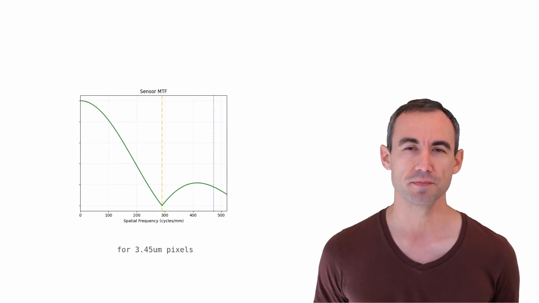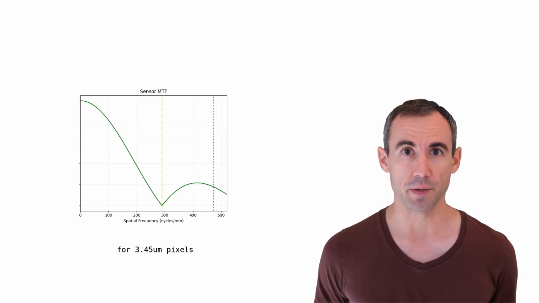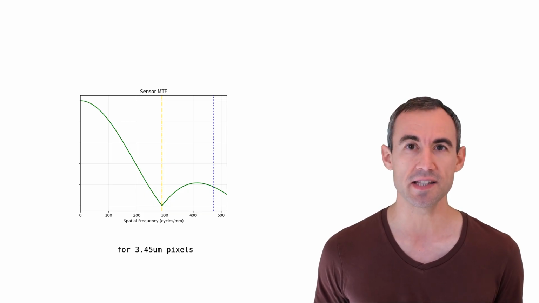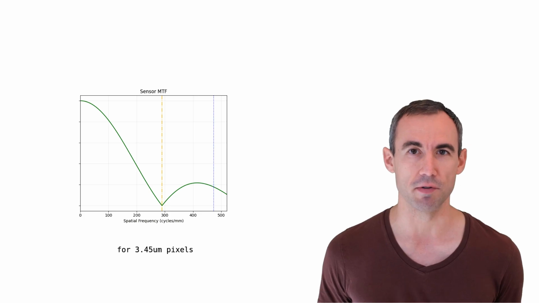So the finite size of our pixels clearly has an impact on the contrast of our image. And just like before, we can visualize the effect on contrast in an MTF chart. For lower frequencies, the contrast is still high, and as the frequencies increase, contrast goes down towards 0.